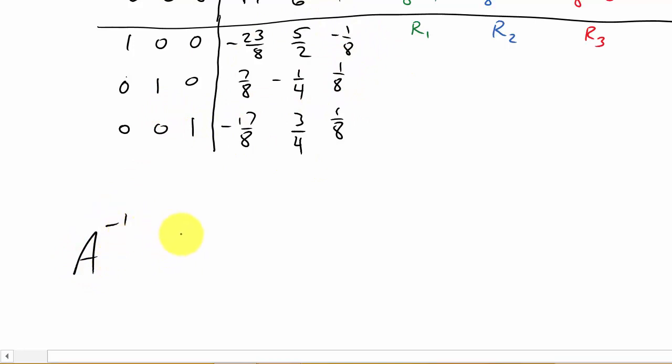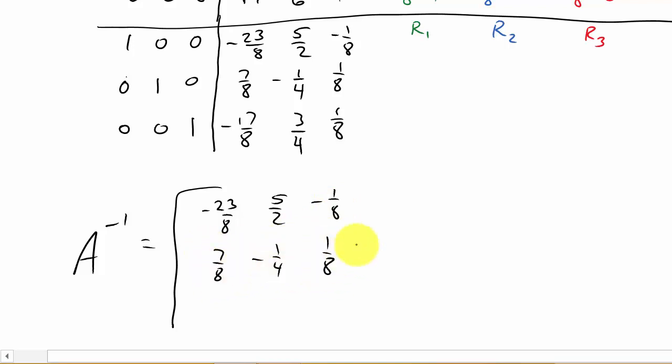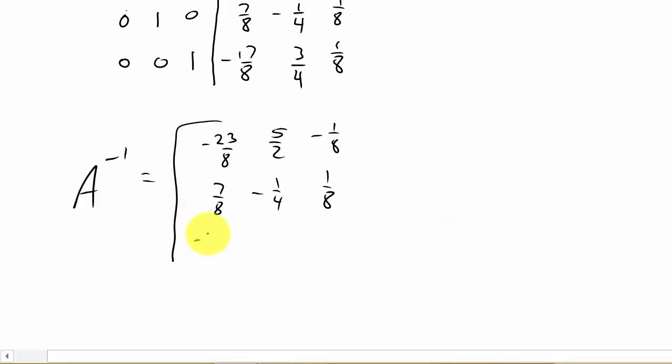So my inverse is negative 23 over 8, 5 halves, negative 1/8, 7/8, negative 1/4, 1/8, negative 17 over 8, 3/4, and 1/8.